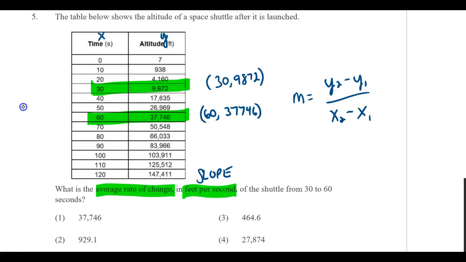And if I go to a calculator page and do that, I'm going to use 37,746 minus 9,872, and I'm going to divide that by 60 minus 30.